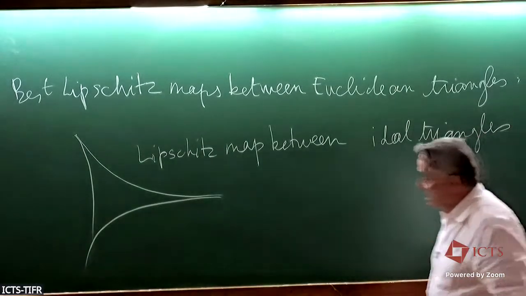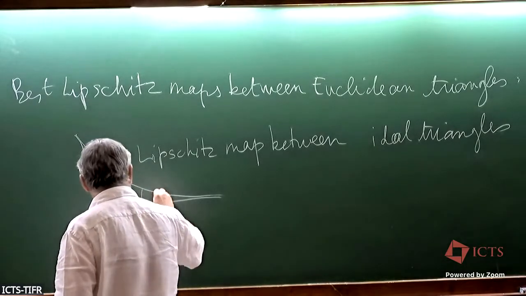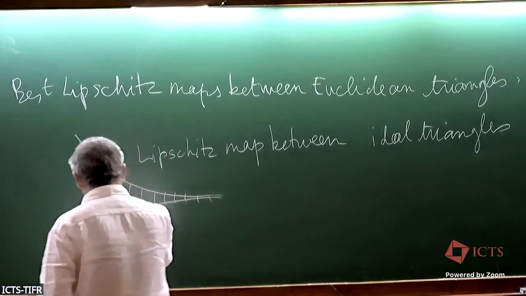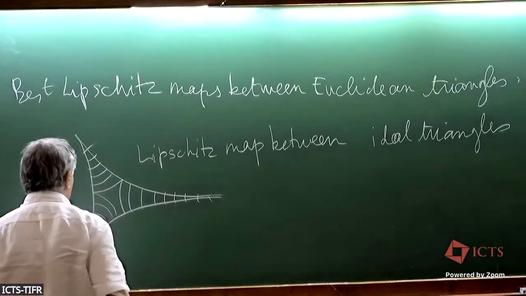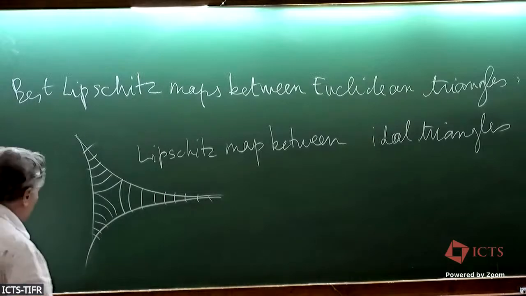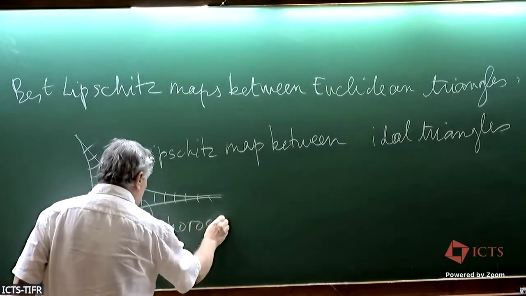There's a canonical construction of a foliation of the ideal triangle by pieces of horocycles.